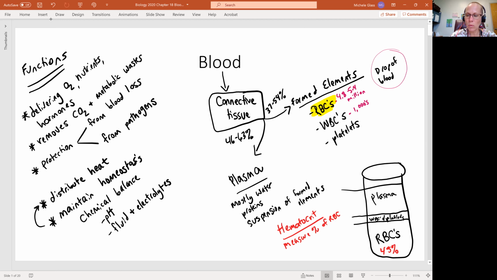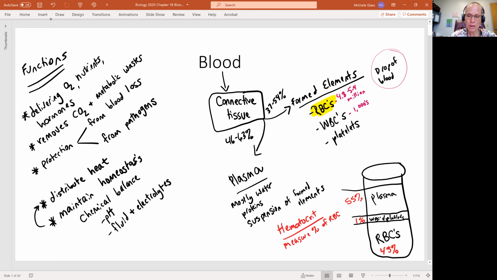The platelet and white blood cell layer should be about 1%. And here, because of the color, this layer can be called the Buffy coat, if you're interested in that little tidbit of information. And then we're expecting the plasma to be at about 55%.